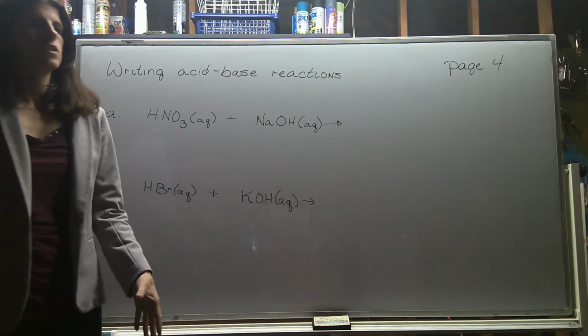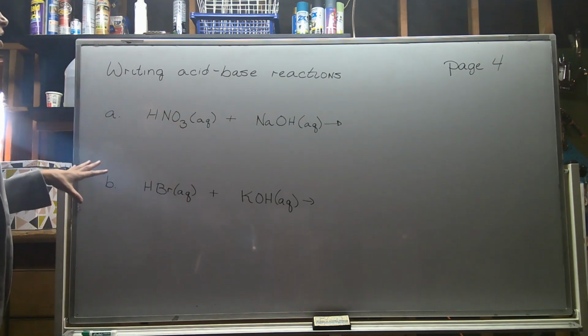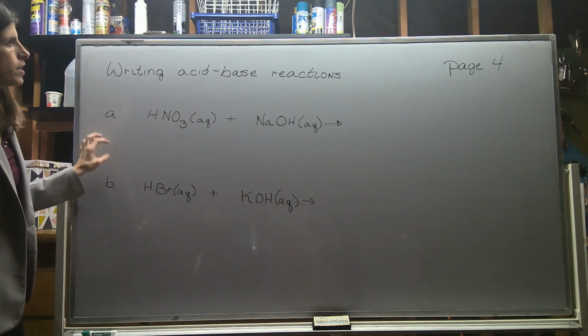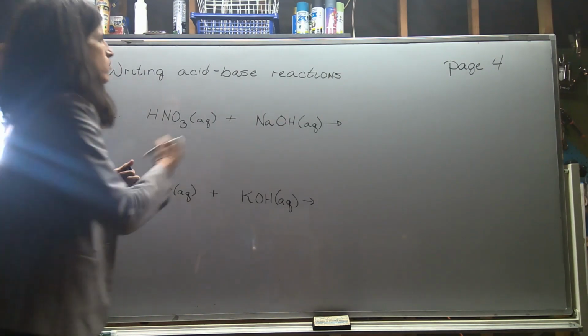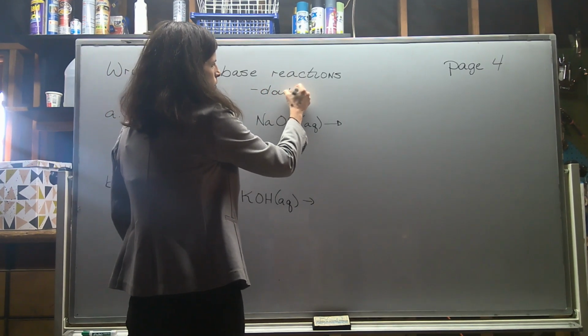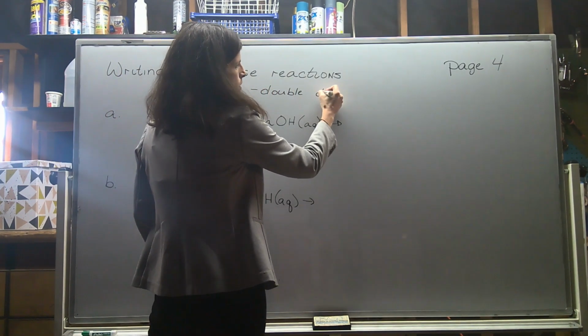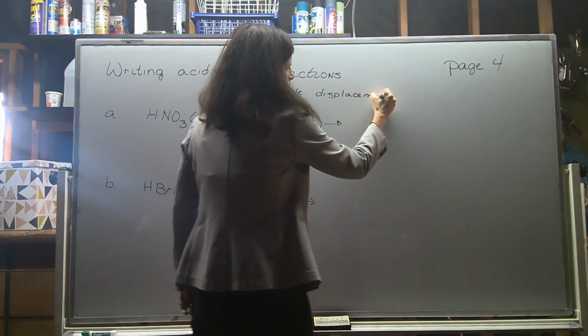Alrighty, let's move on to page 4 and talk about how to write acid-base reactions. A couple of things here. One is acid-base reactions fall under the category of double displacement reactions. So the general idea is going to be very similar to what you saw in the precipitation reaction video.